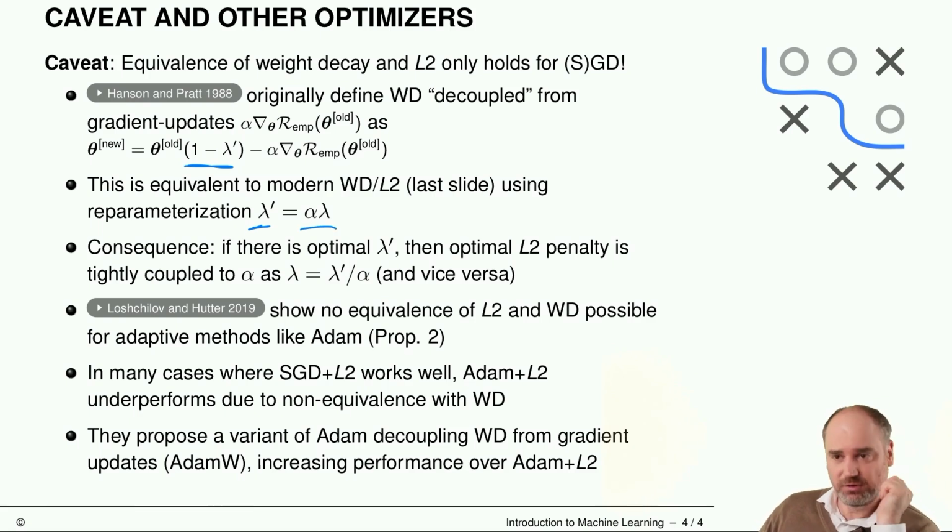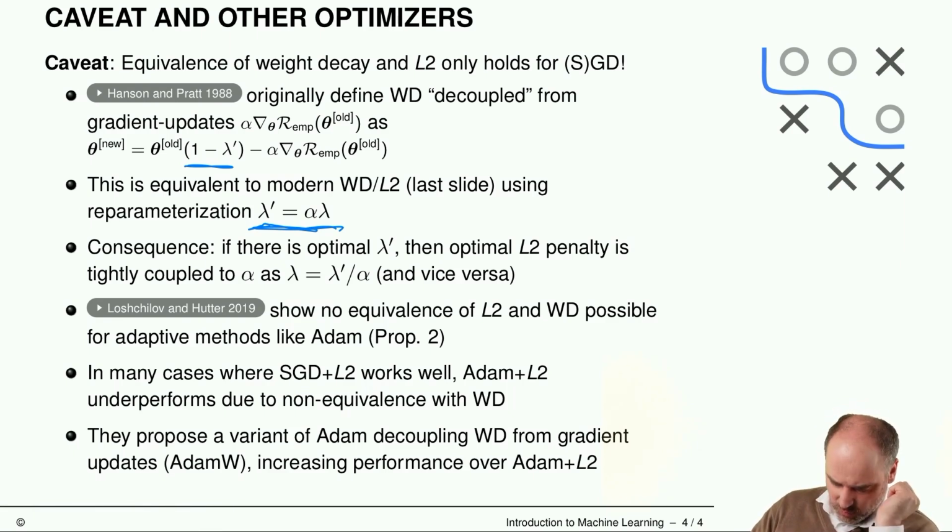The point is, if you now begin to talk about an optimal lambda dash, so an optimal weight decay setting, then this L2 penalty is tightly coupled to your step size. So there's a correspondence between them and vice versa. All of these three values are in correspondence to each other.